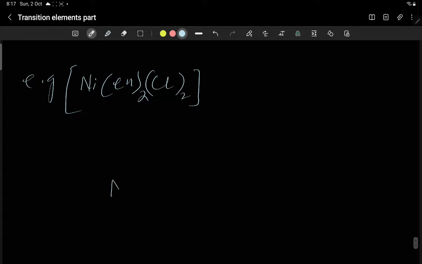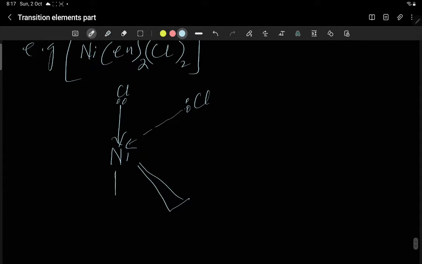So this is nickel, Cl, and this is wedge, this is solid line, this is wedge, and this is dotted line.